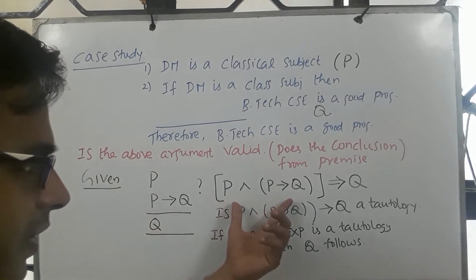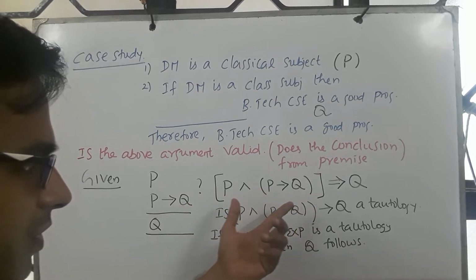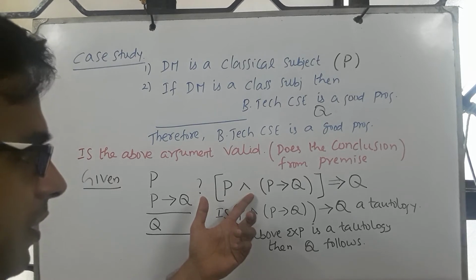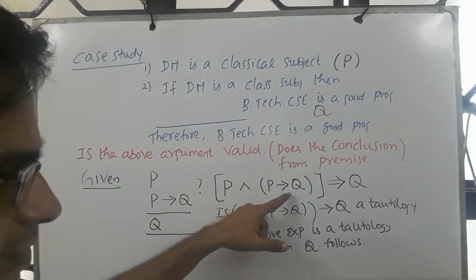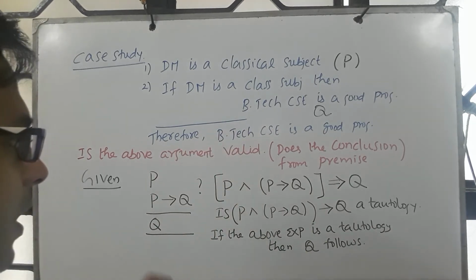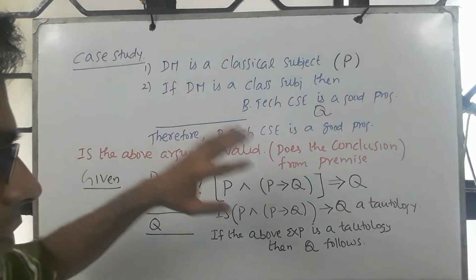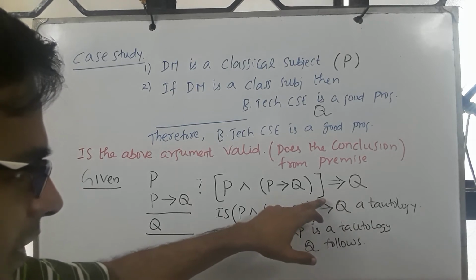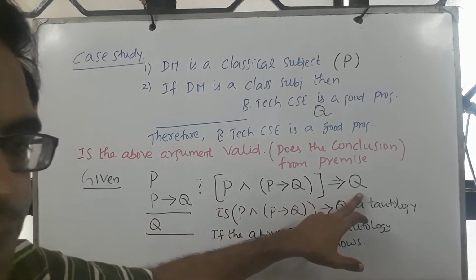So a given argument is always a sequence of statements, which means they are connected by the logical operator AND. If I make 10 statements, then the first statement and second statement and third statement and so on up to the 10th statement. Then when I say therefore, which means I am concluding my argument, so therefore Q. So we want to know, given this, does this imply Q?